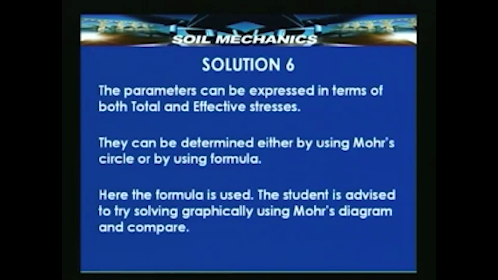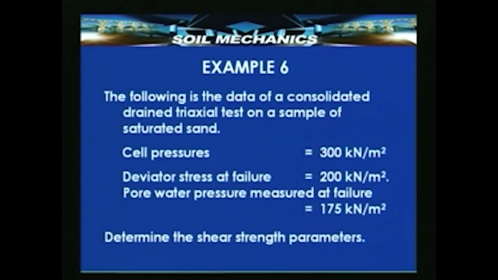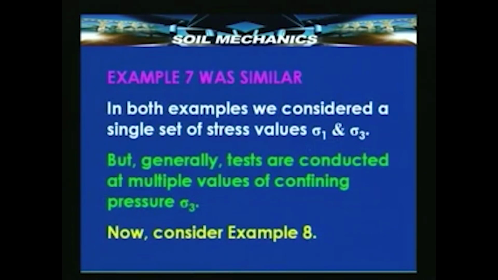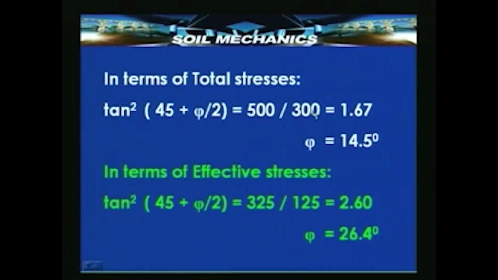It is the cell pressure plus the deviatoric stress, that is sigma 1, which is 500. So, sigma 1 upon sigma 3 is equal to tan square (45 plus phi by 2). This is an expression which we had seen in one of the earlier lectures, and from this we can get phi equal to 14.5 degrees.